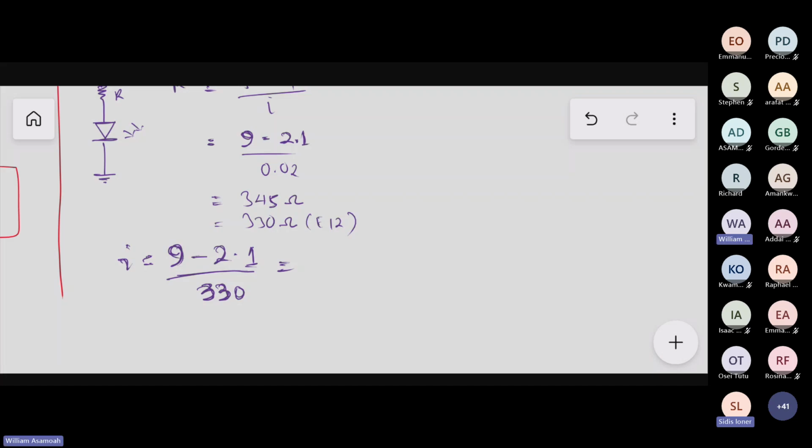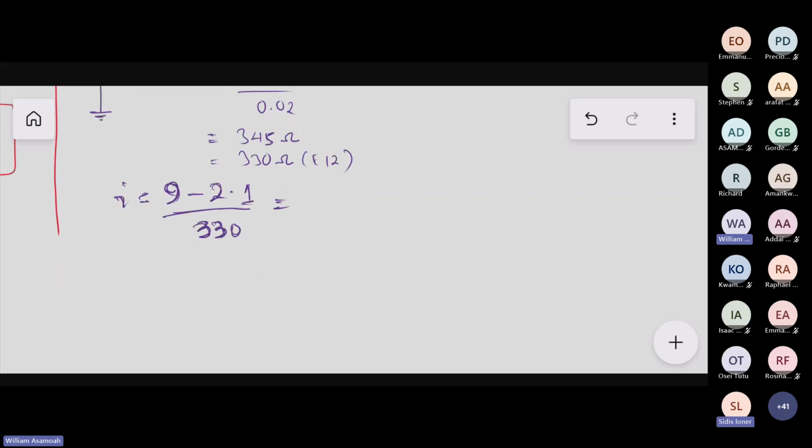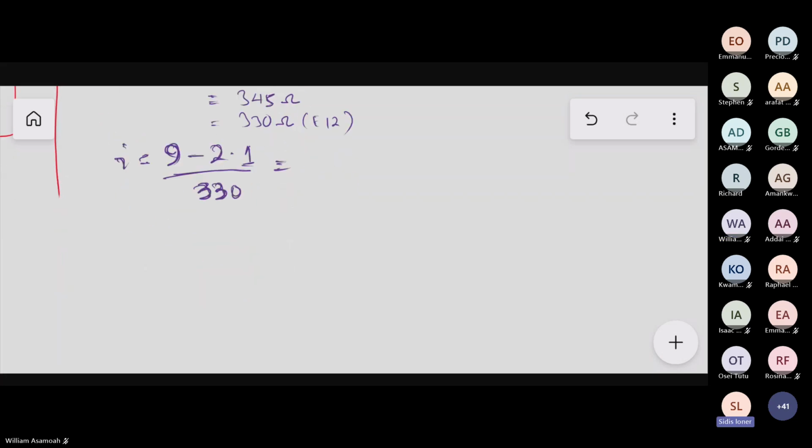So if you want to get the milli, when you press the SD, press the ENG key. And when you press the ENG key, what do you get? 20.9 milliamperes.